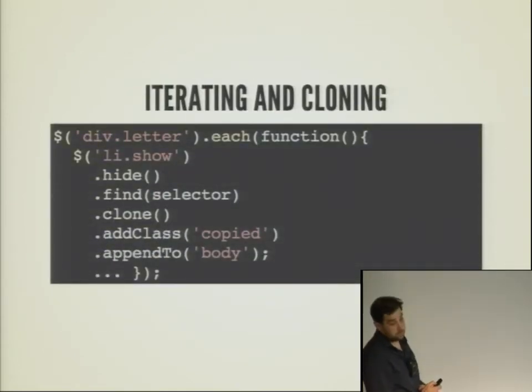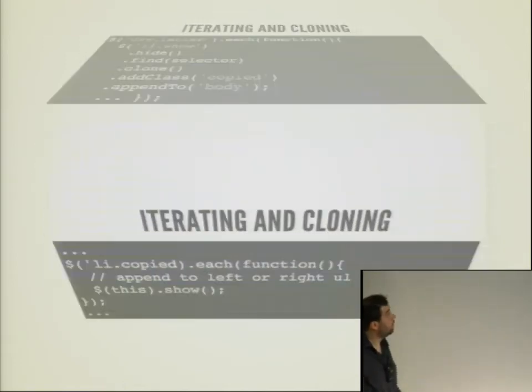We first went through the letters, and then we went through all the shows, hid them, then found the matching one, cloned it, and then added a class copied so we could re-get it in a later stage, and we appended it to the body.